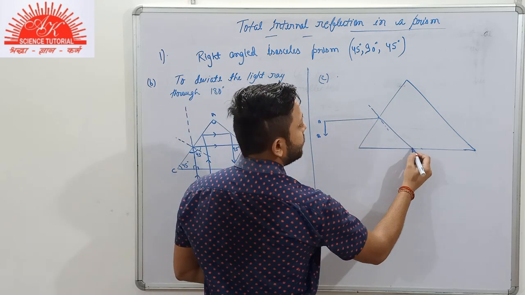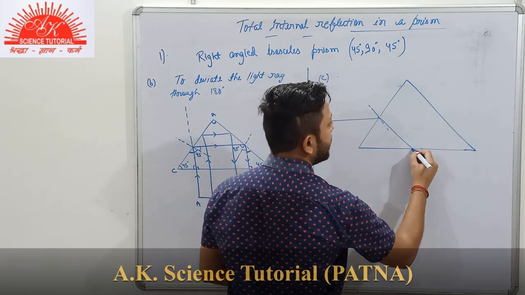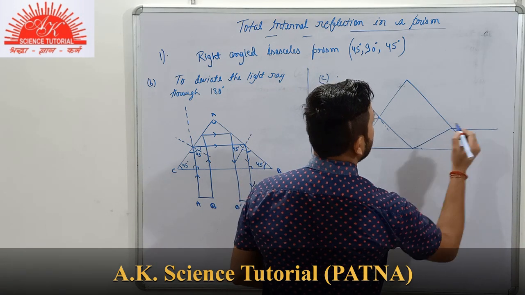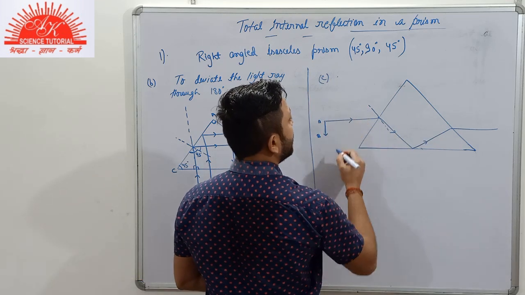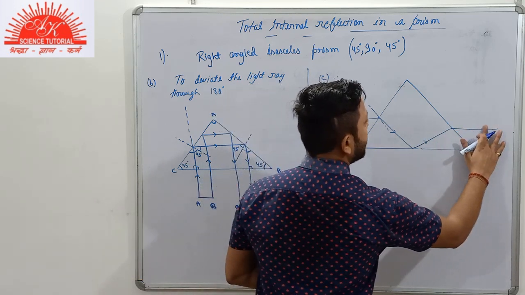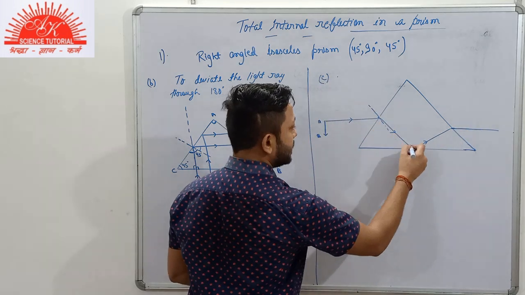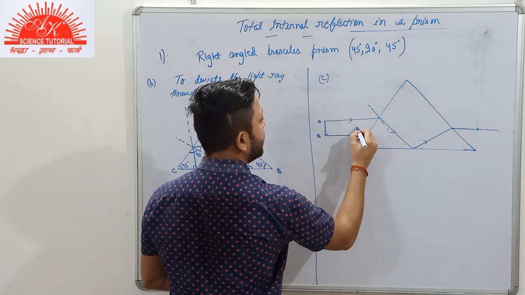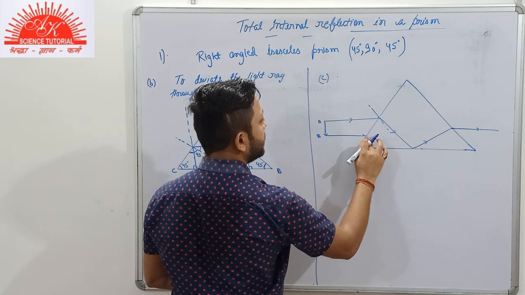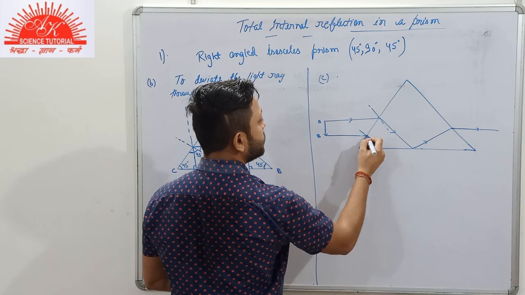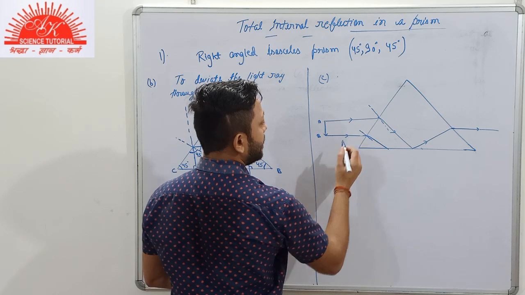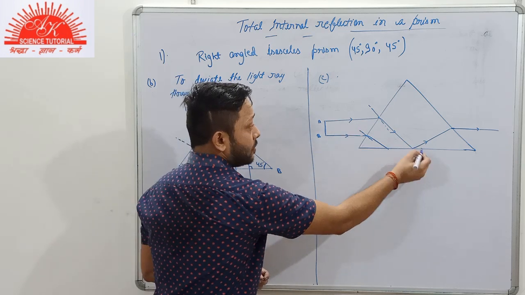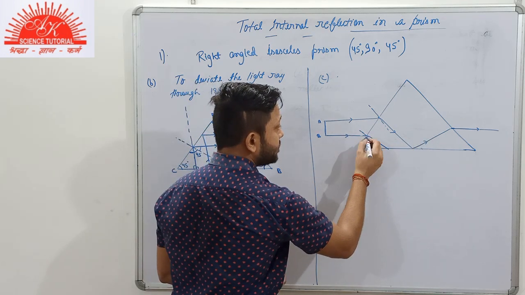And again, if it strikes this surface, after striking this surface, it will go like this, and the light ray emerges out following this path, like this. And if we have to obtain the image of the point P, then also it has to travel from optically, I'll mention this arrow afterwards. These arrows are the most important part, you have to draw them.